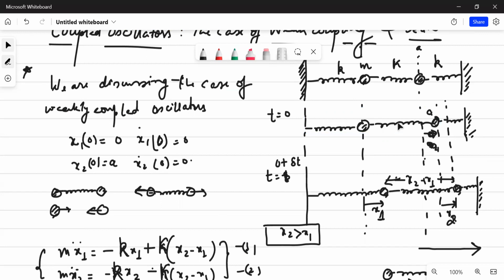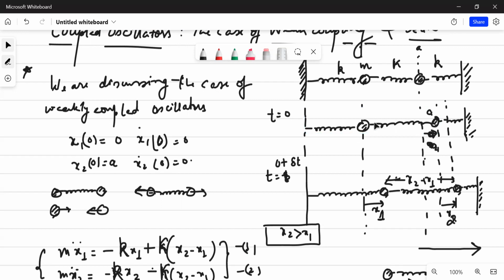The displacement is in this direction effectively, so the right mass is doing positive work on it. However, this particular mass wants to come here because of its compression, so this mass is doing negative work on the other mass, because now the displacement is in this direction. And this is all happening because of the coupling of these two masses.